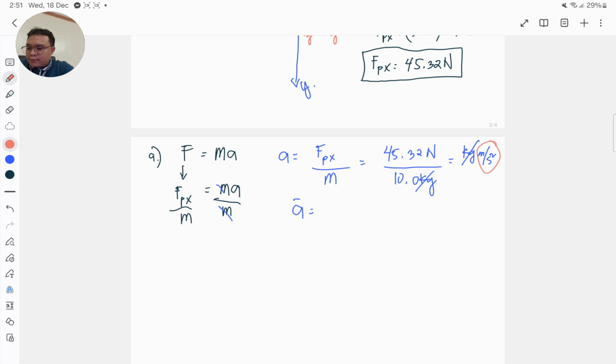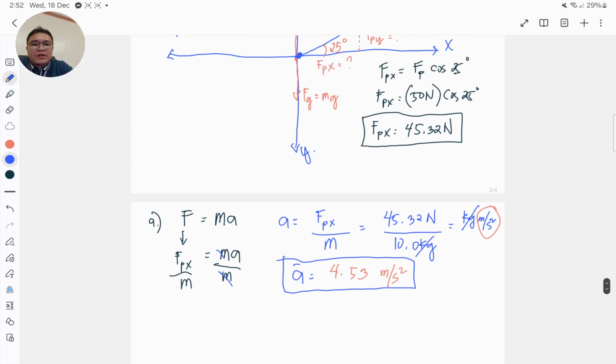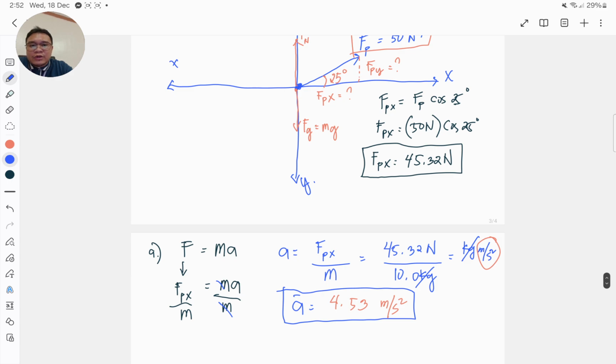So 45.32 newtons divided by 10 kilograms, that is now around 4.53. So our acceleration here would be 4.53 meters per second squared. So let's box this answer so that we'll now have our final answer here for the acceleration, which is 4.53 meters per second squared. That is the acceleration of our box on that direction.